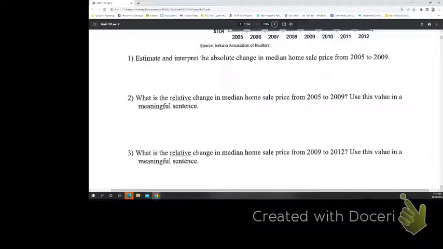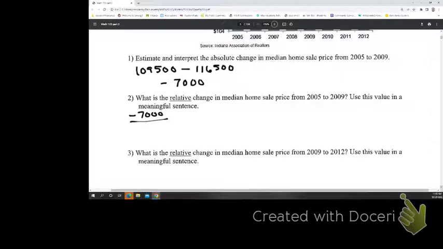So I subtracted, and even though mentally I would do the subtraction in the other order, we're taking the more current, subtract the older one. So that's why it's negative, which we can get then as that it dropped. So then we're going to use negative 7,000.